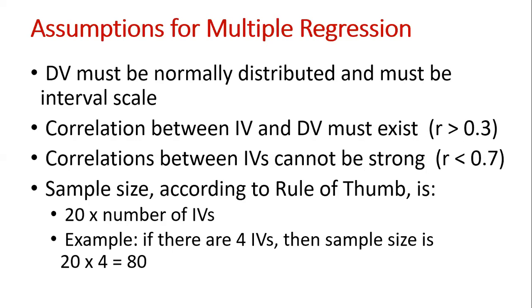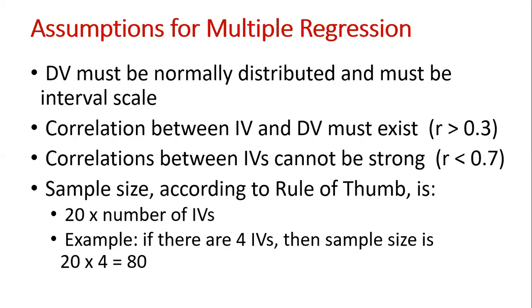Secondly, among the IVs, they must be related but cannot be very strongly related, so the R value among them cannot be more than 0.7. So 0.7 is the mark for high and 0.3 is the mark for low. They should fall between 0.3 and 0.7.